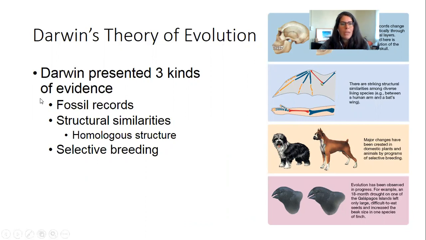He also presented structural similarities. So if we look at the wing of a bat and the arm of a human, there are structural similarities among these two living species, which are diverse.